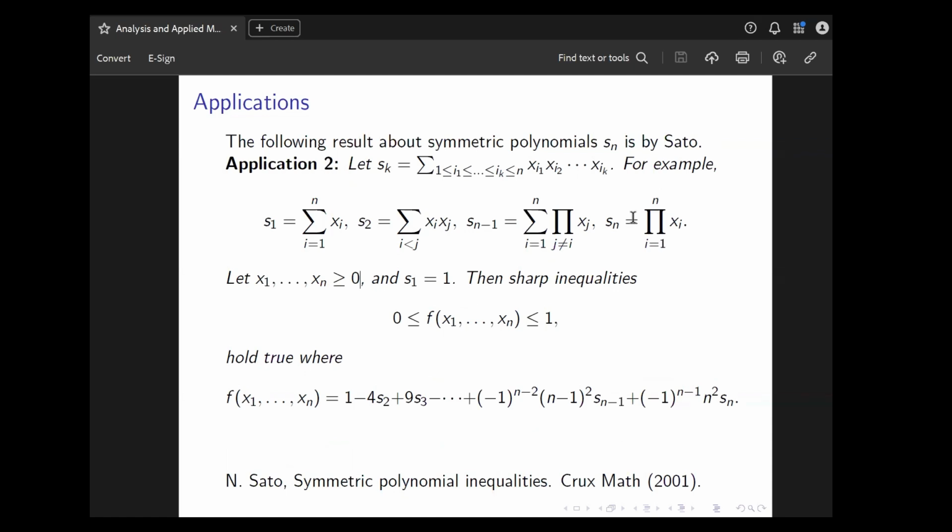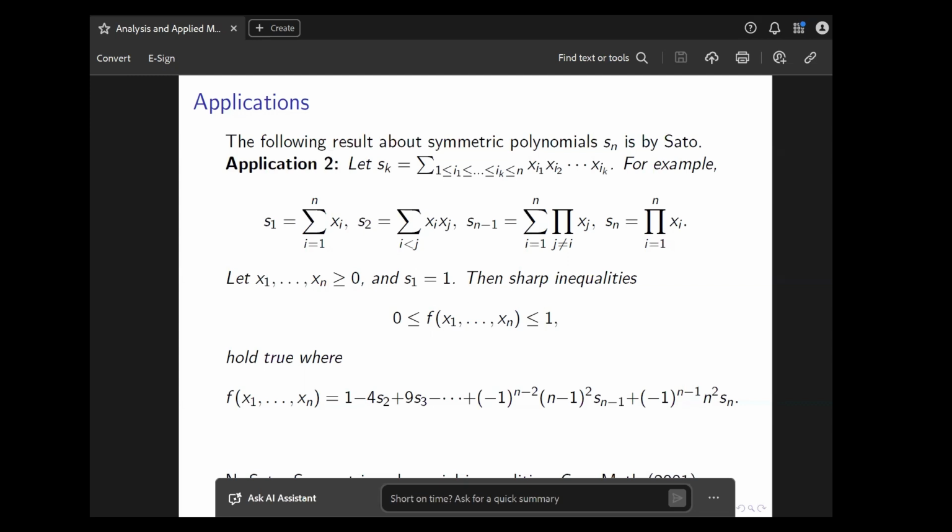And Sn is the product of all of them. So these are symmetric polynomials. There are many interesting inequalities about symmetric polynomials. One recent paper by Terence Tao proved this type of inequality. I think it is not yet published. It is just on the archive for now.